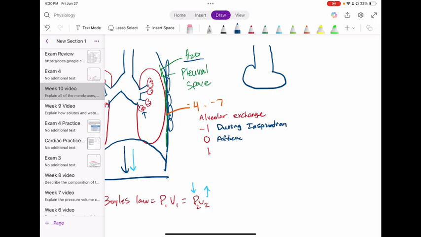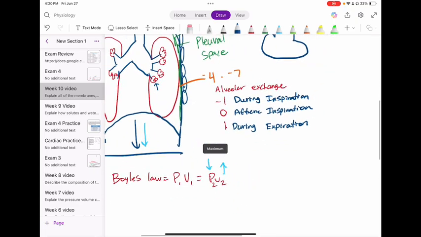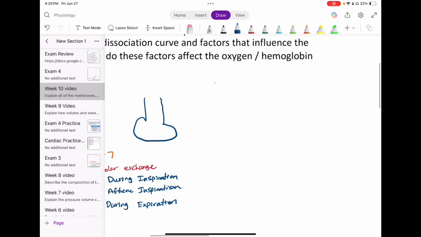After inspiration, it is 0, and then during expiration, this is 1. So this all occurs because oxygen flows from high to low.